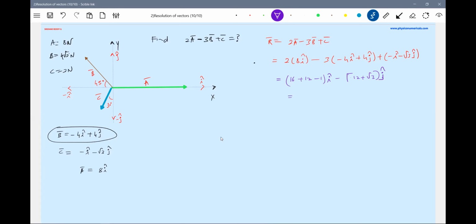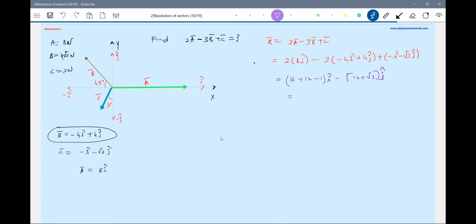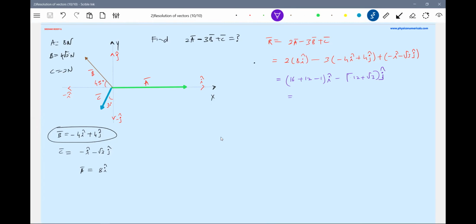So 16 plus 12, 27 I cap minus 13.7 J cap. This is the overall resultant.